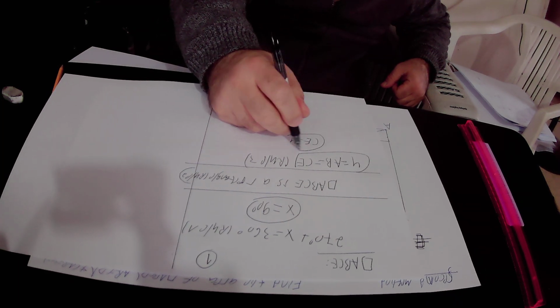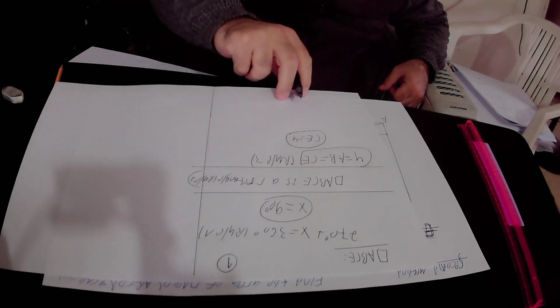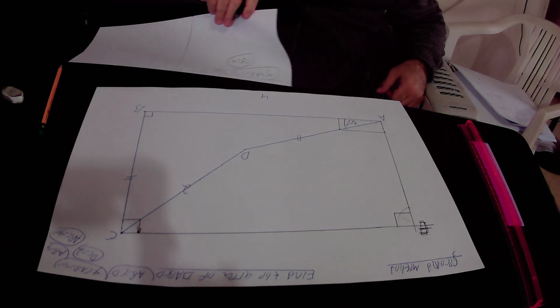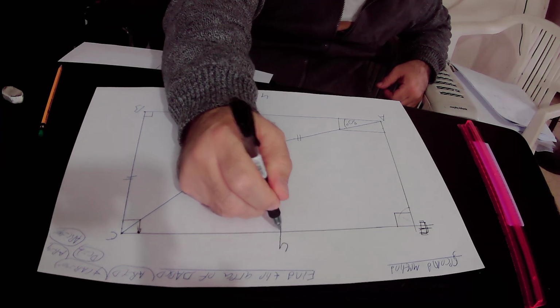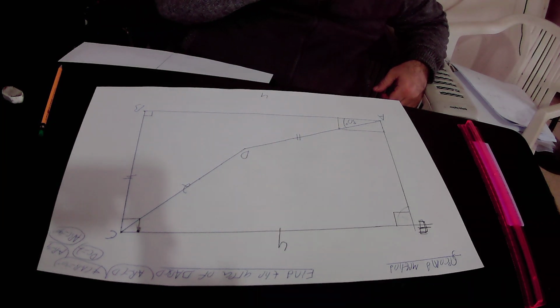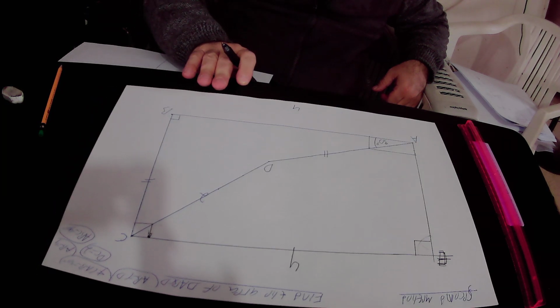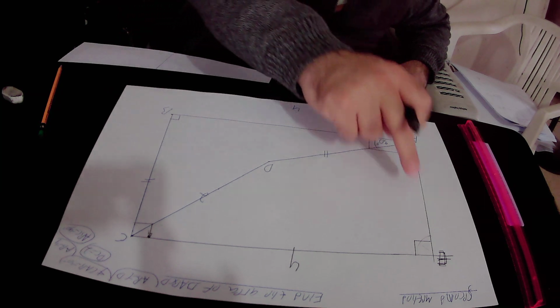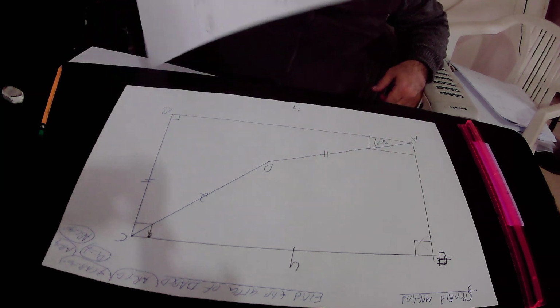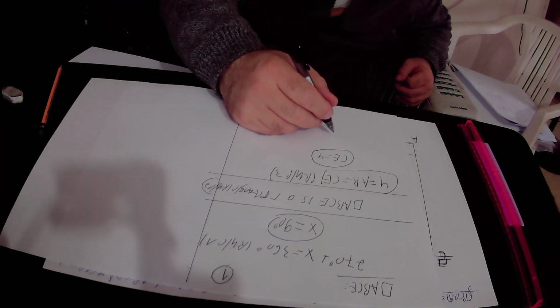So we can write here that CE equals 4 units. Likewise, CB equals AE according to rule number 3.